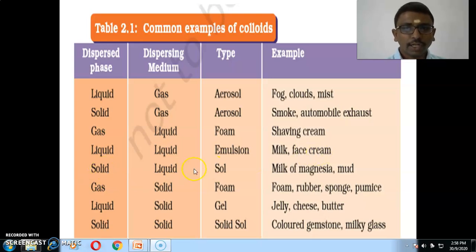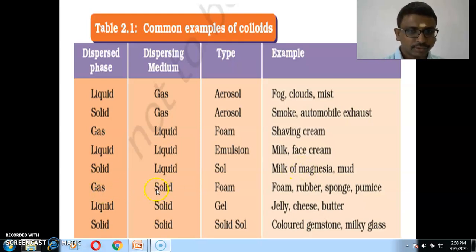And next is solid in liquid, which is a type of sol. The example is milk of magnesia. Milk of magnesia is nothing but magnesium hydroxide. This magnesium hydroxide is used to reduce the burning sensation of the stomach. If a person feels a burning sensation in the stomach, we need antacids. Antacids reduce the burning sensation of the stomach, and for that we need milk of magnesia.